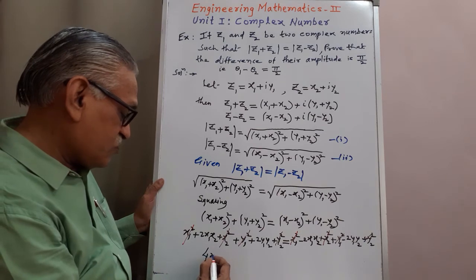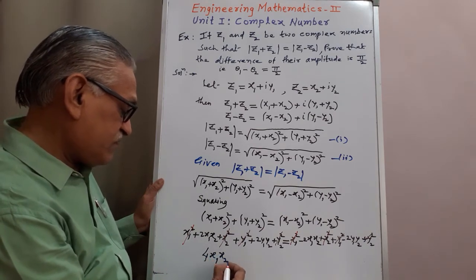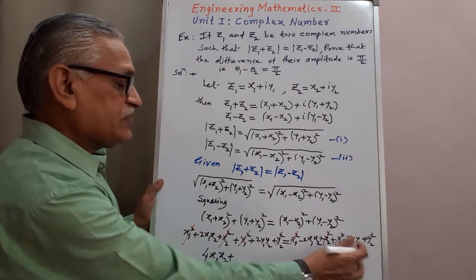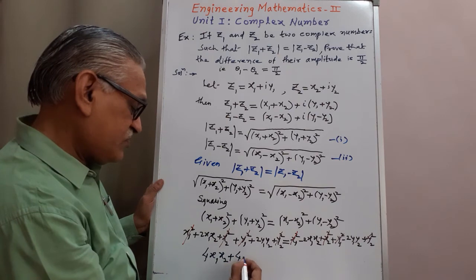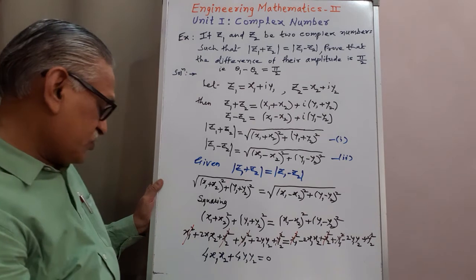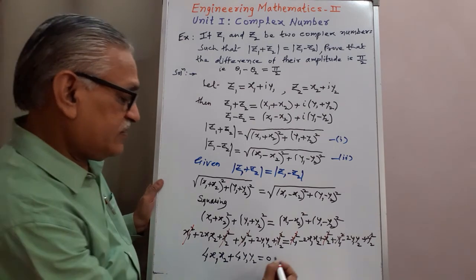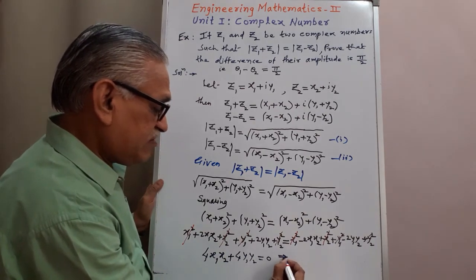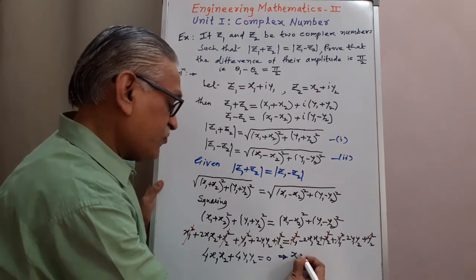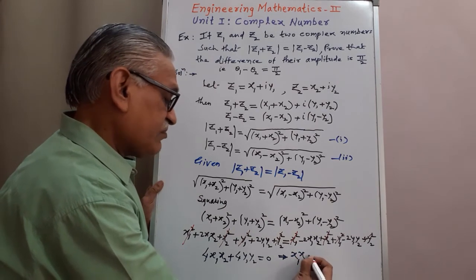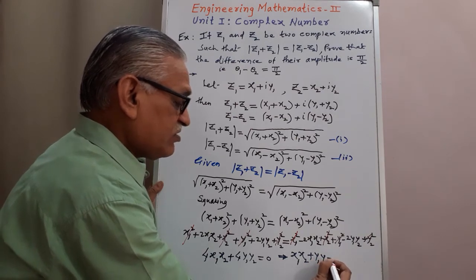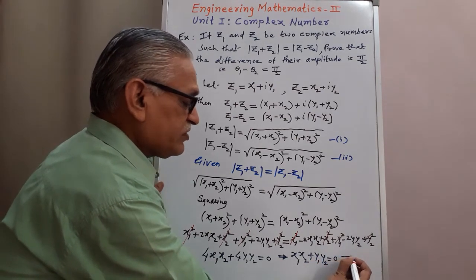Addition of those two terms is 4x1x2 plus 2y1y2 plus this 2y1y2, we get 4 times y1y2 is equal to 0. This implies, dividing by 4, we get x1x2 plus y1y2 is equal to 0, and we call this equation 3.